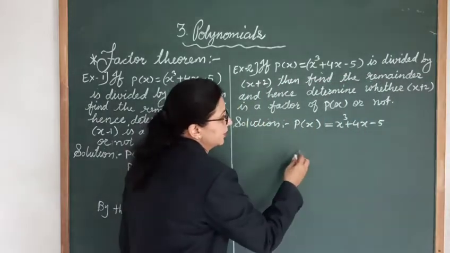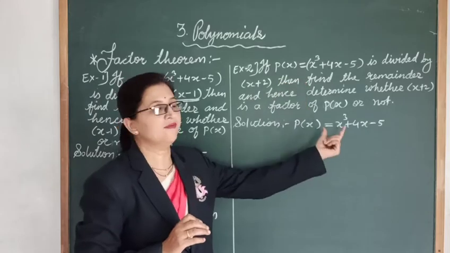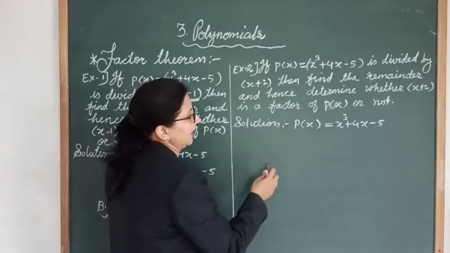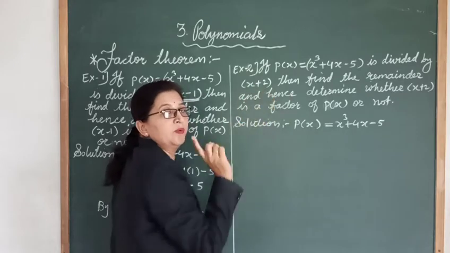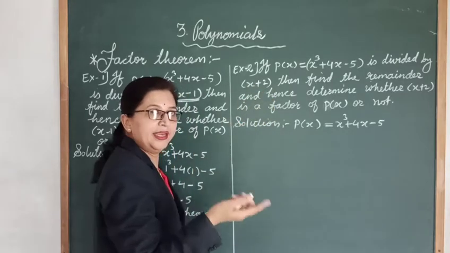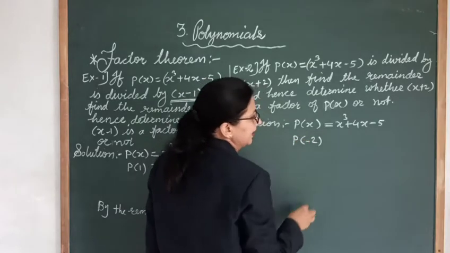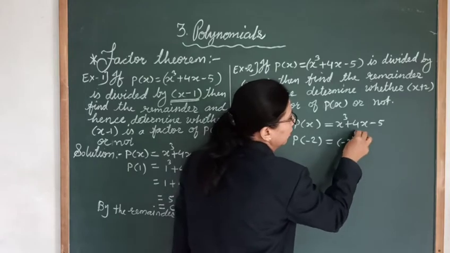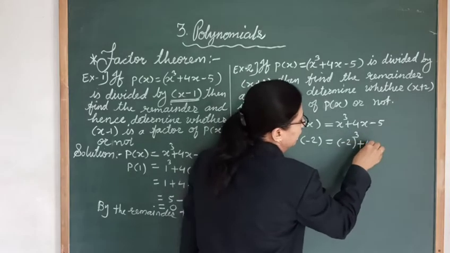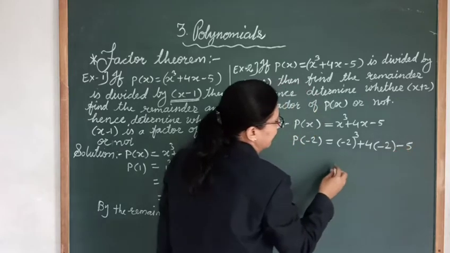So here also to find out the remainder, we will find out the value of this polynomial. And here what value of x do we put? x plus 2 is there. So we will put the value of x as negative 2. Okay. So p in bracket negative 2: x cube, that is negative 2 cube, plus 4 into negative 2, minus 5.